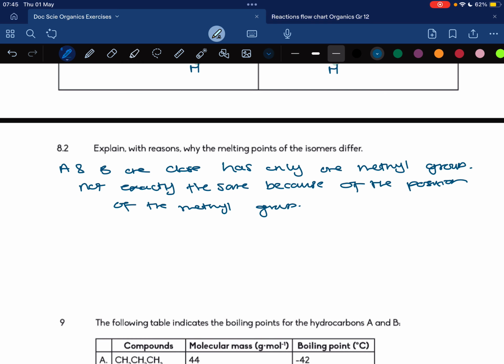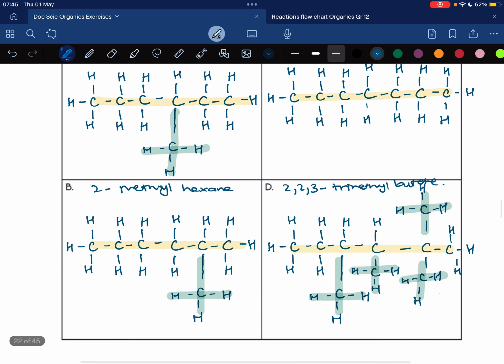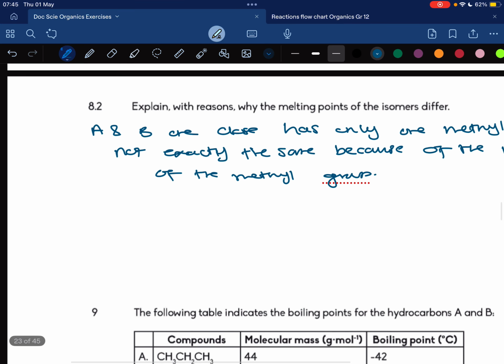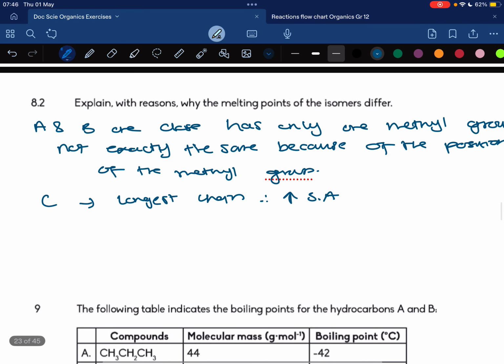Okay, then if I look at C, I can clearly see that C has a high melting point because it has the longest chain. So longest chain, therefore largest surface area available for London forces, therefore more energy needed to overcome those forces.